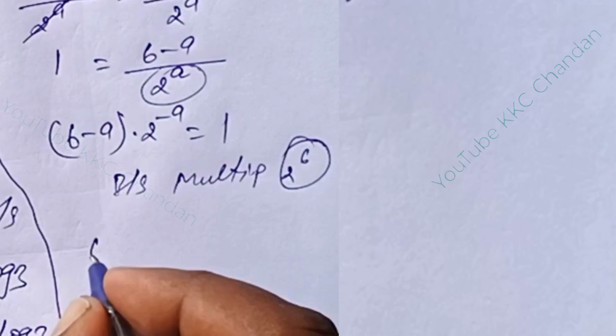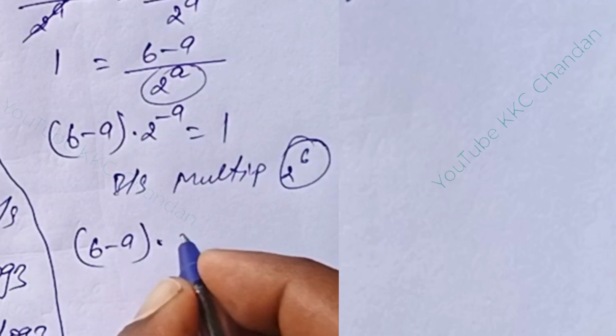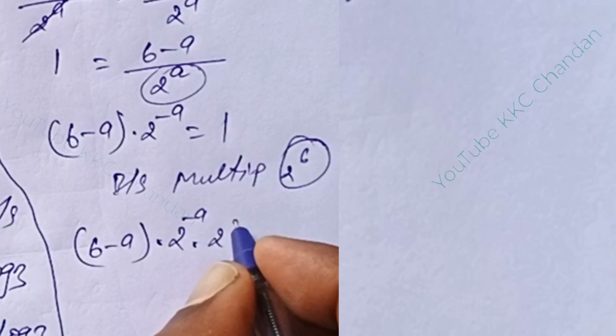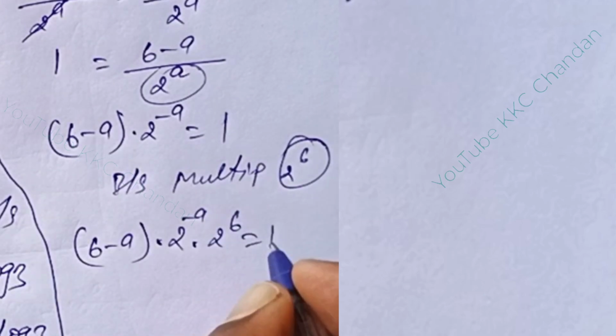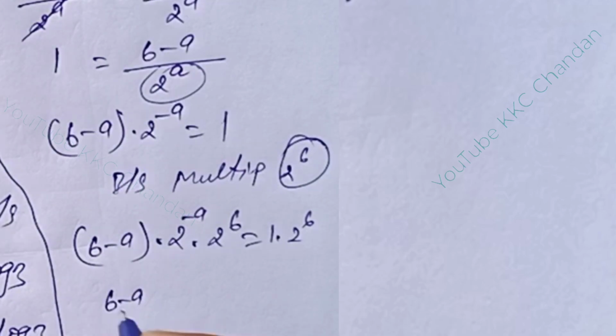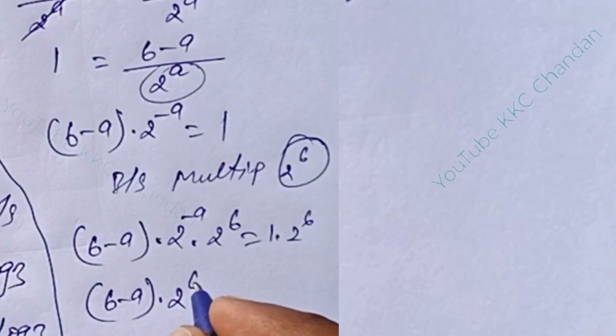So 6 minus a into 2 power minus a into 2 power 6 is equal to 1 into 2 power 6. In the next step, 6 minus a into 2 power 6 minus a.